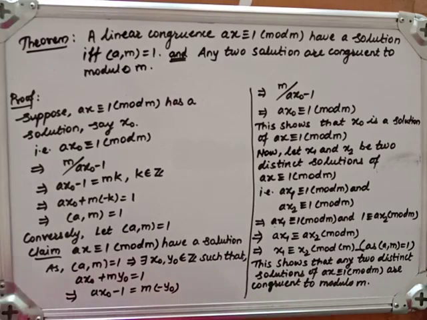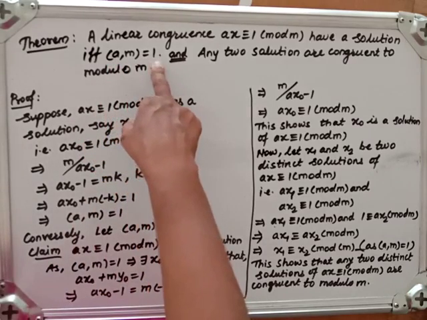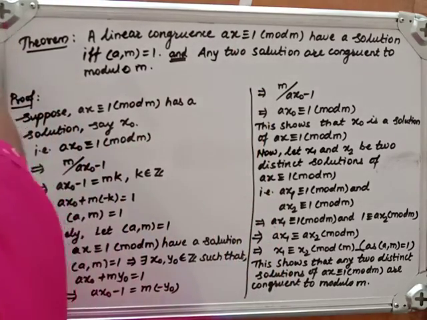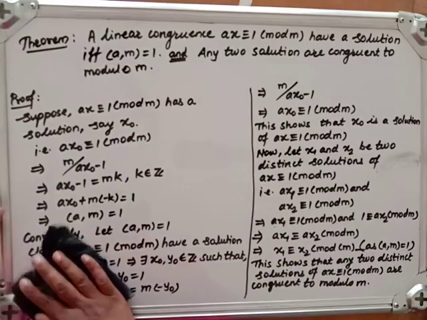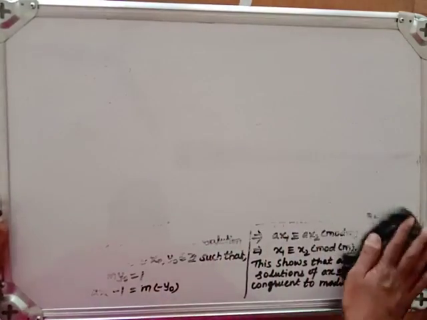Fine. Now, remember one thing here. If A and m are not relatively prime, then it won't have a solution. So let me write that part as a note.